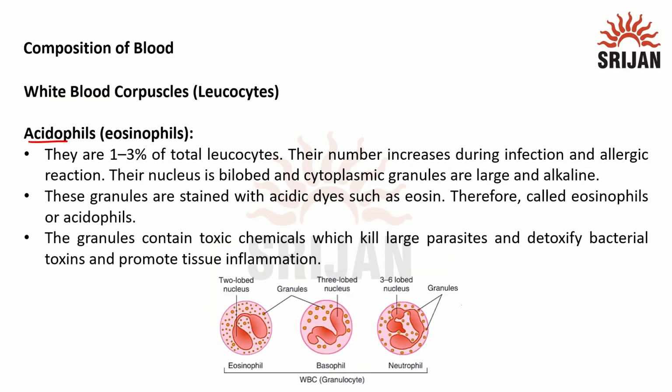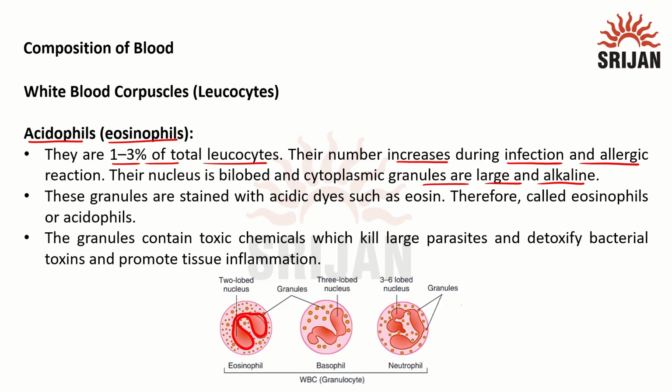First, if we take acidophils, also known as eosinophils, they form 1 to 3% of total leukocytes. Their number increases during infection and allergic reaction. The nucleus, as we see here in the picture, is bilobed, and the cytoplasm has granules which are large and alkaline.